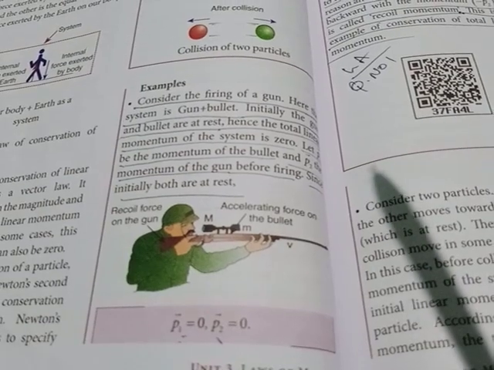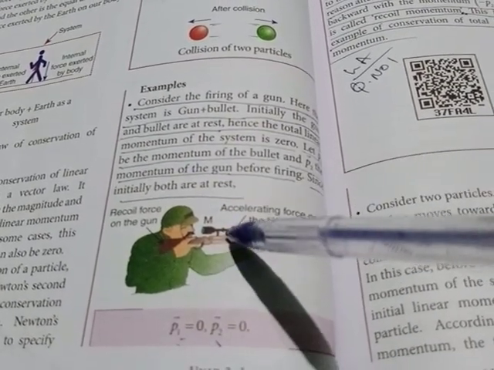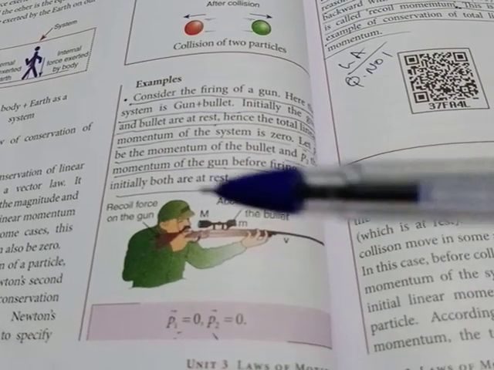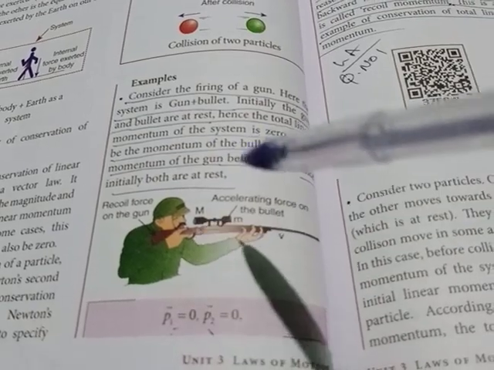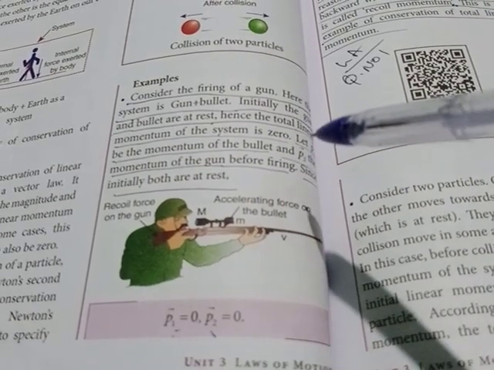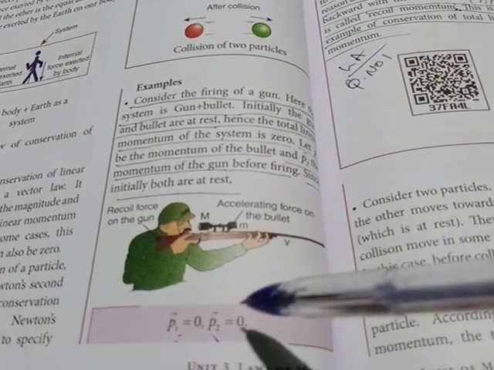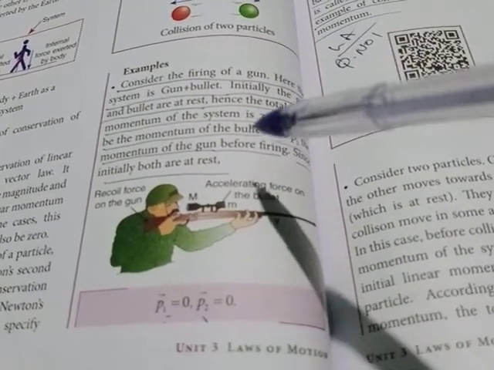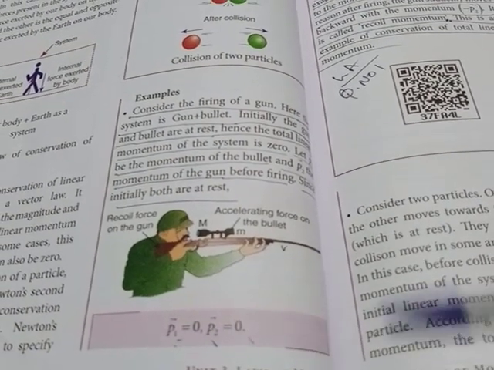First both are at rest, gun is at rest, bullet also at rest. The total linear momentum is 0, so P1 is also 0, P2 is also 0.